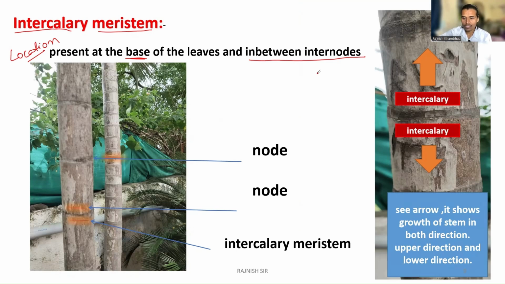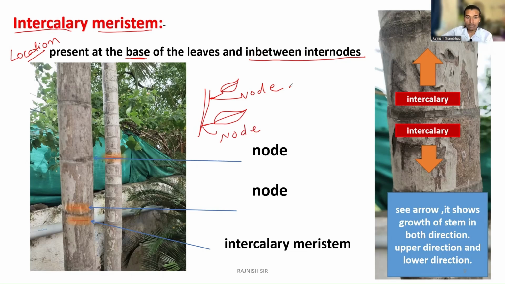Now, internodes. At the start, I showed you what an internode is. Again, I will tell you what is an internode and a node. Like this is a stem. The stem is attached to the leaf. This is one more leaf. And this portion, which is the attachment point, is known as the node.